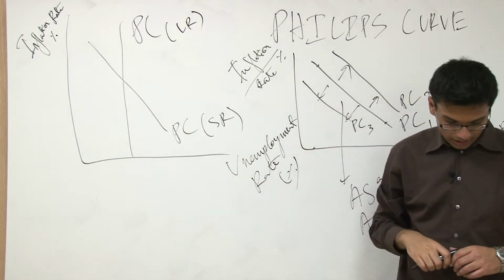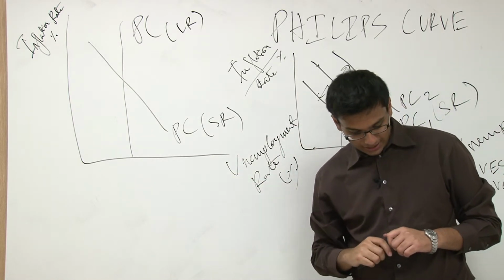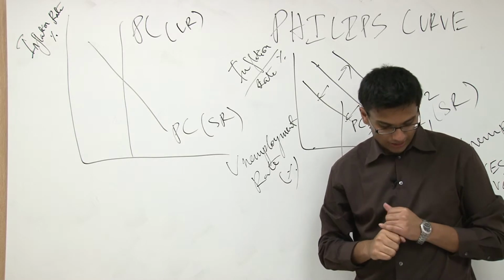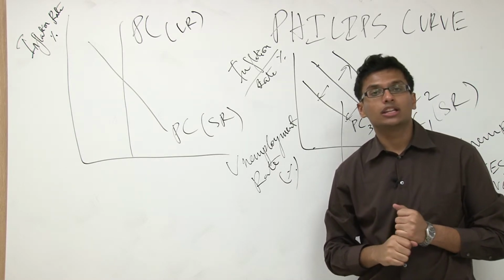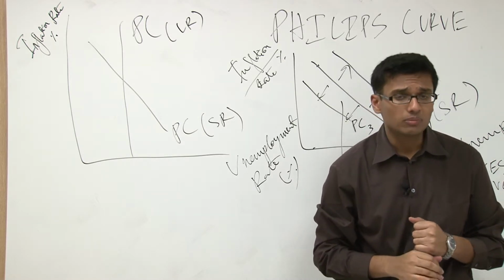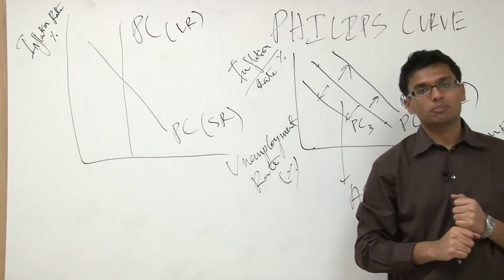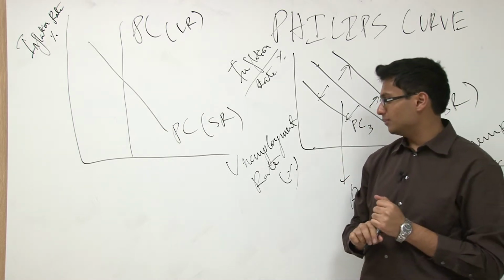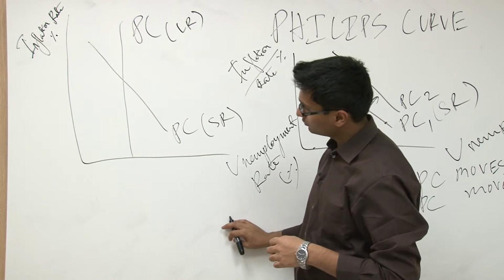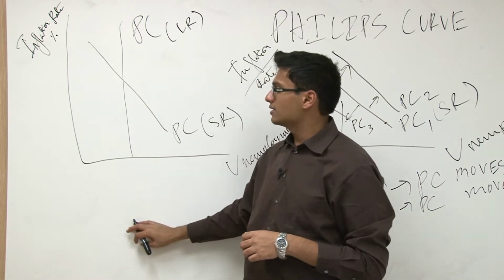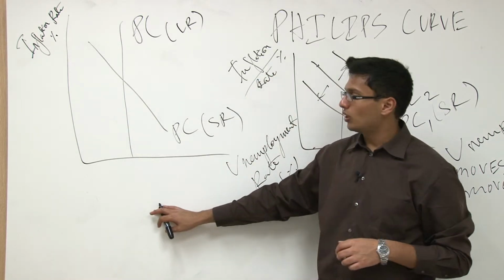This basically says that since the aggregate supply in the long run is fixed, we believe that the relationship between the unemployment rate and the inflation rate is vertical as well.